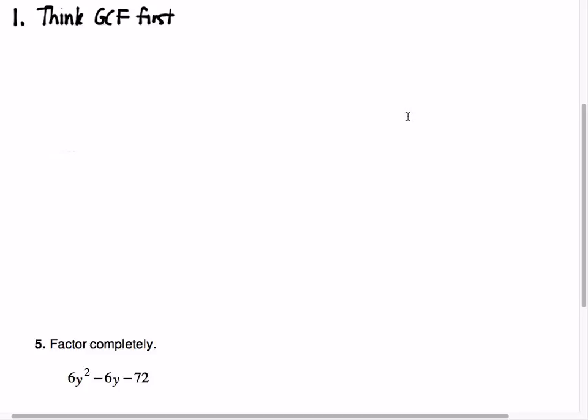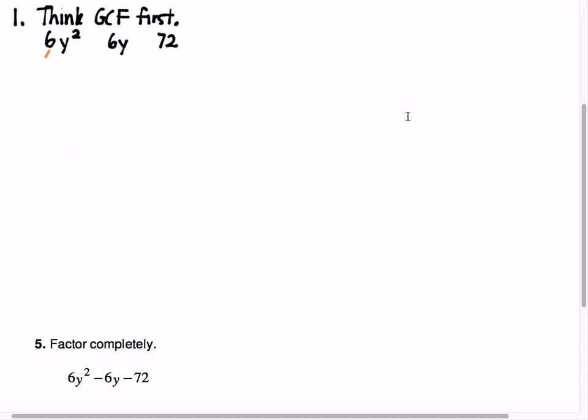It won't always give you something interesting, but when it does, it's really going to make your life easier as we go forward. So for the three terms, 6y squared and 6y and 72, what do those three terms have in common? What's their greatest common factor? 6.